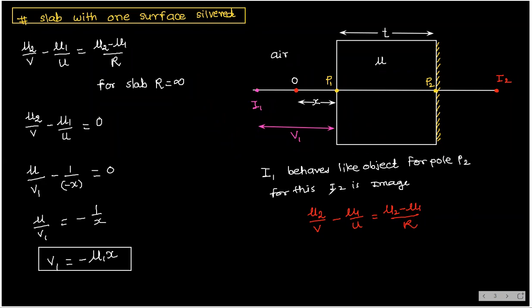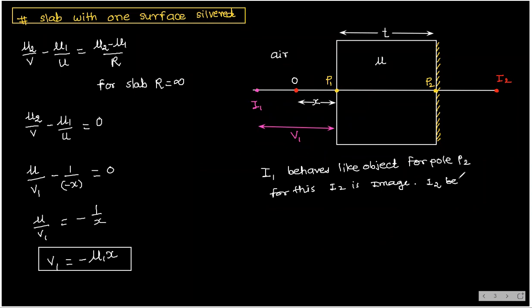And here, what is mu2? Finally, I am directly writing one statement because it will take time. So I2 is the image. Now this I2 image again behaves as an object.